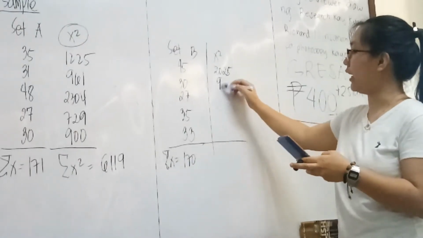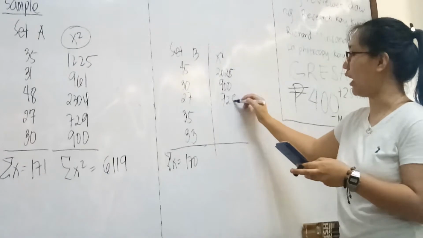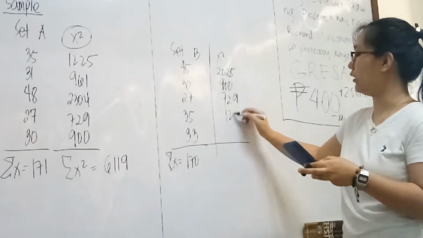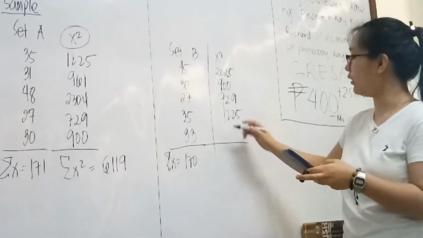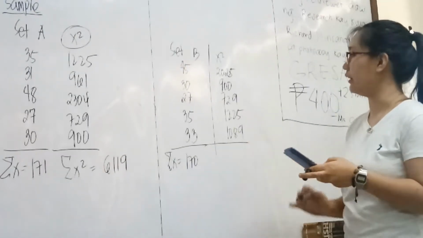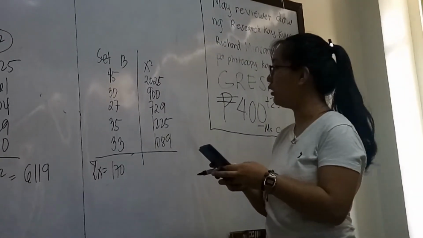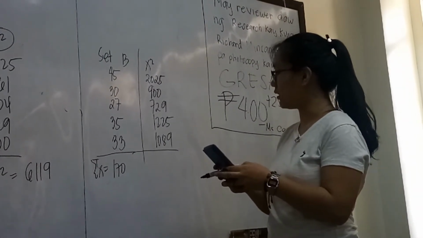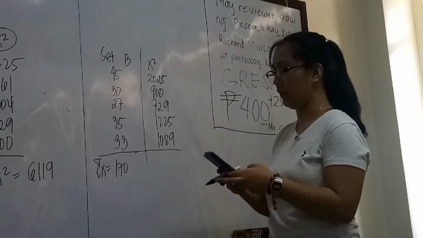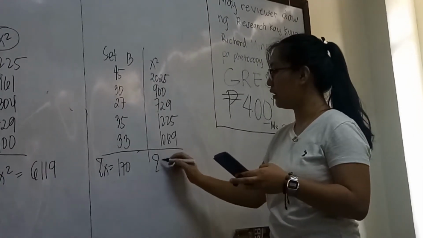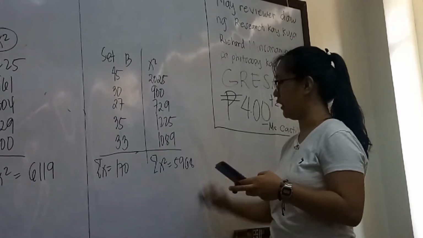And then we have 900, 729, 35 squared is 1225, 33 squared we have 1089. Okay? Get the summation, just add all: 2025 plus 900 plus 729 plus 1225 plus 1089. The answer, summation of x squared, is 5968.